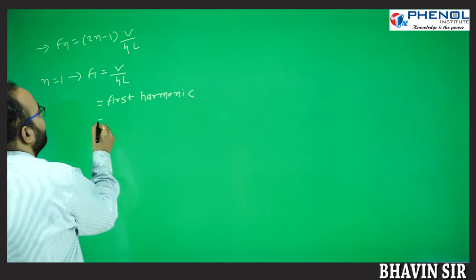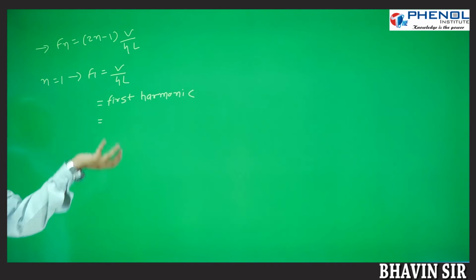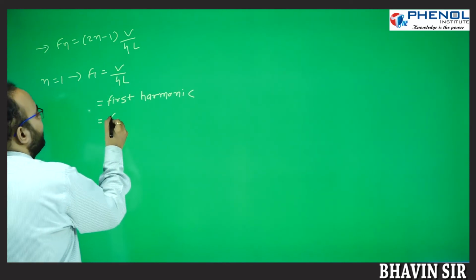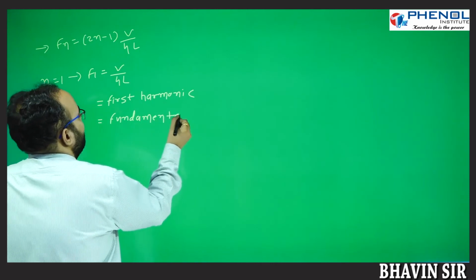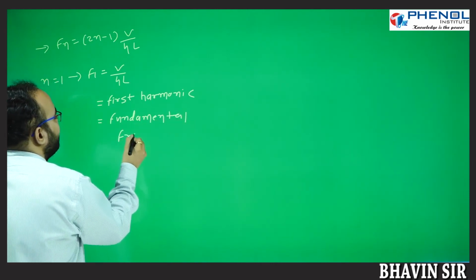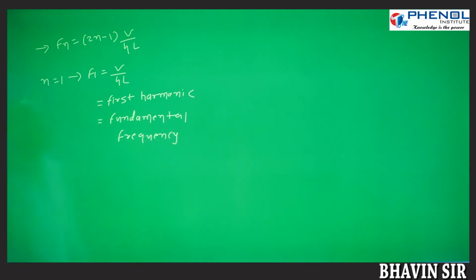With n equal to 1, 2 minus 1, so 1. So v by 4l is known as the first harmonic or fundamental frequency.